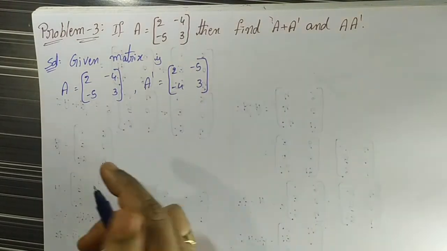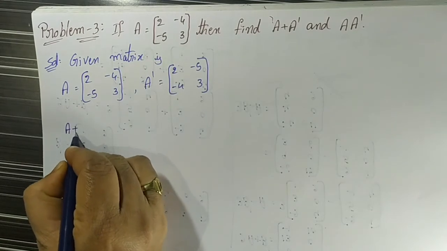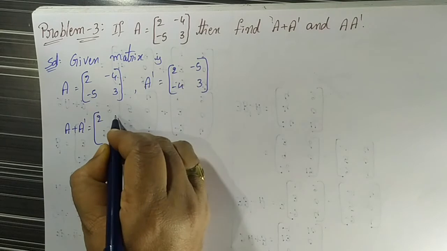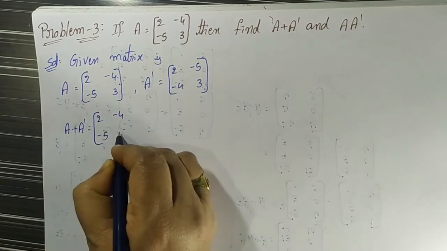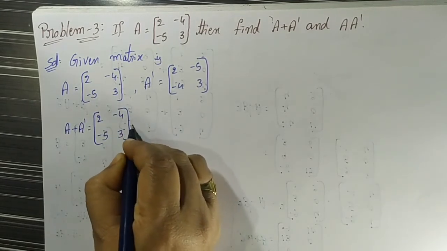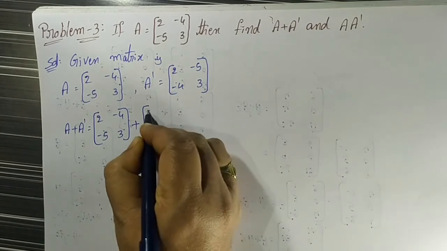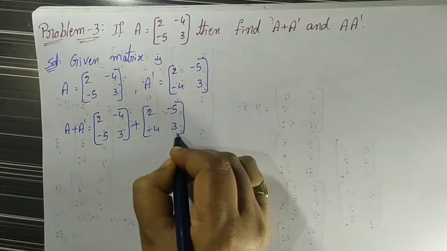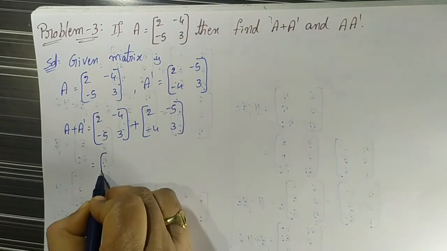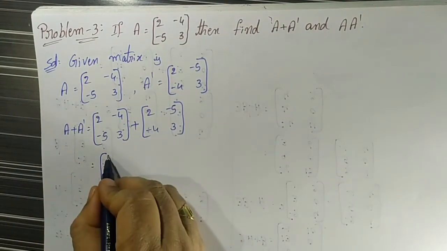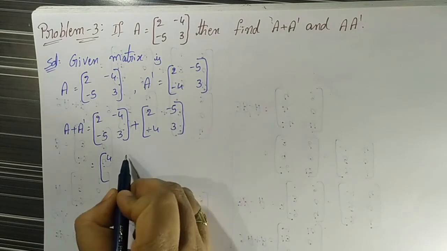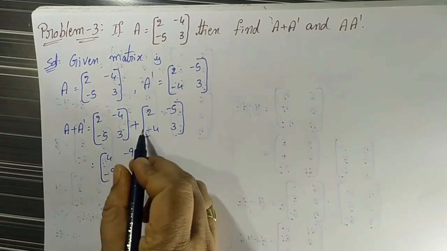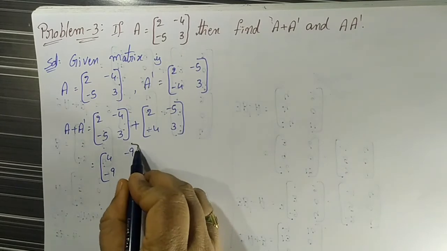First we can find A + A'. A + A' equals the first matrix A, [2 -4; -5 3], plus [2 -5; -4 3]. This is A'. That is equal to the addition: 2 plus 2, 4; minus 4 plus of minus 5, minus 9; minus 5 plus of minus 4, minus 9; 3 plus 3, 6.